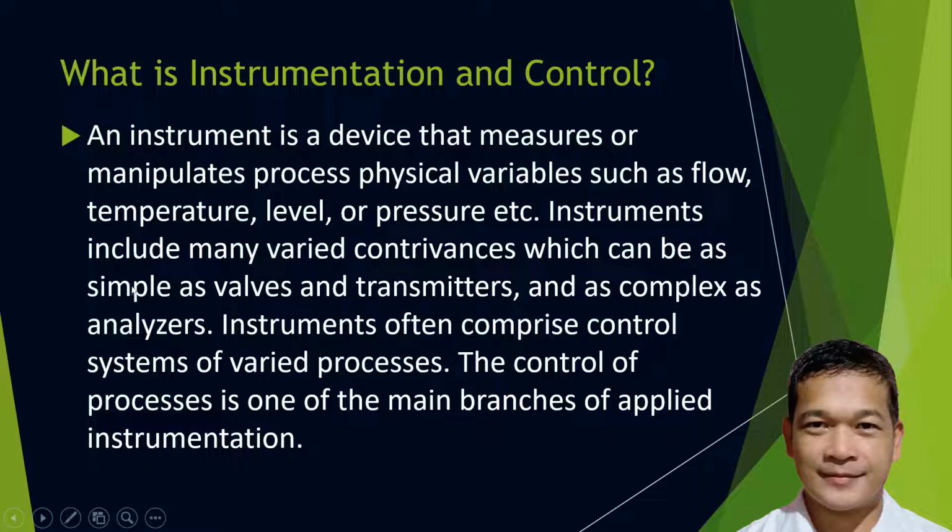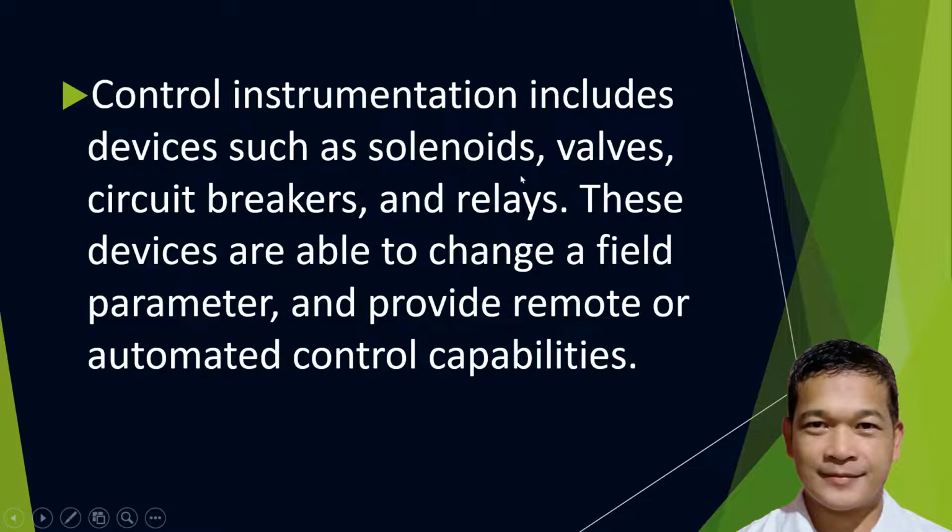The control of processes is one of the main branches of applied instrumentation. Control instrumentation includes devices such as solenoids, valves, circuit breakers, and relays. These devices are able to change a field parameter. A parameter is a value, for example, the temperature.